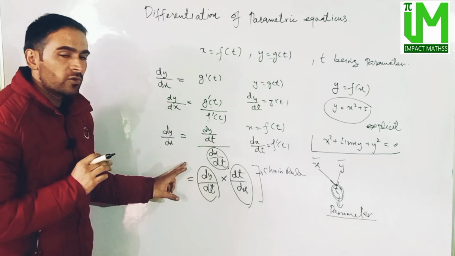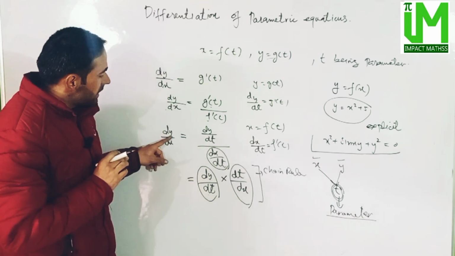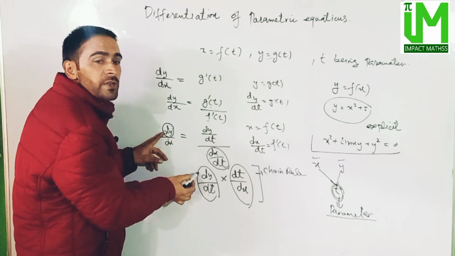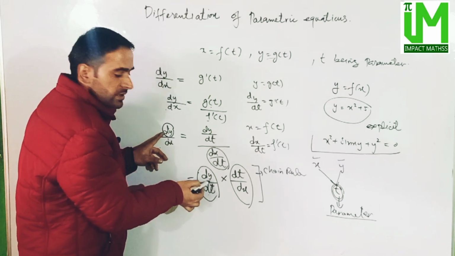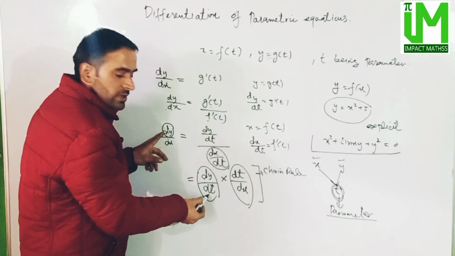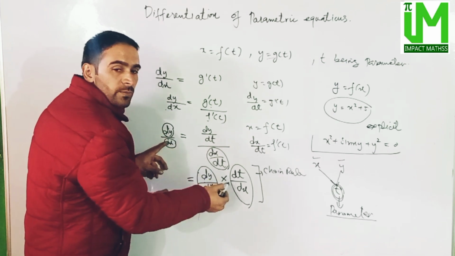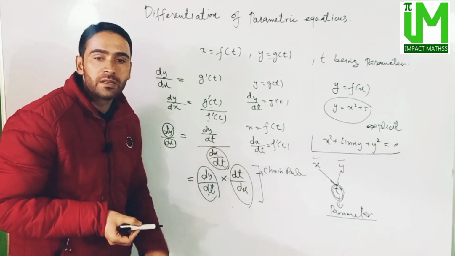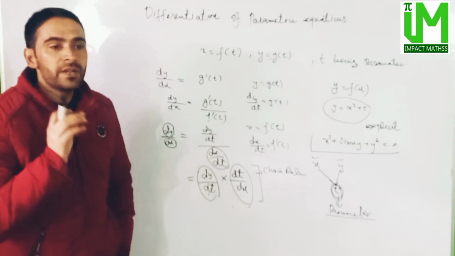So what is the value of dy by dx? dy divided by dx equals dy divided by dt, where t may be any other parameter, into the reciprocal of dx by dt, that is dt divided by dx. So this is how we find the derivatives of parametric equations.